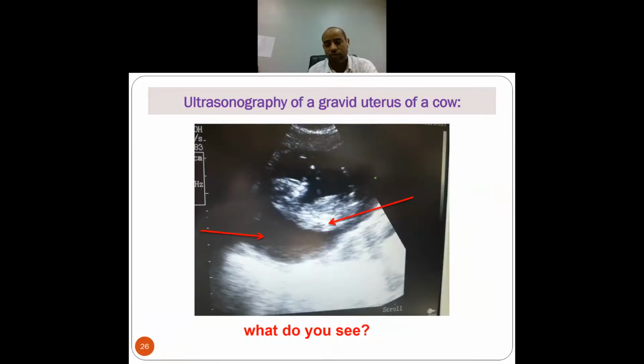Okay, it's just for you to practice. Again, this is one of the images that we took during our practical sessions in the past. So it is for you to try to determine what each of these arrows represent. Maybe if we get time, I'll come back later to this image to interpret.